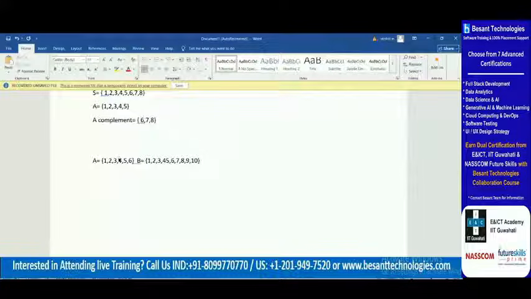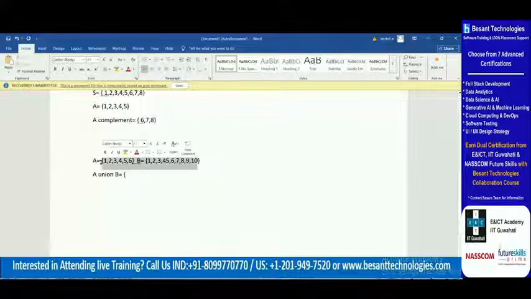So if I ask you what A union B means, every unique element should be combined. Okay, so unique elements means it should not be repeating, and you have to combine both of these.